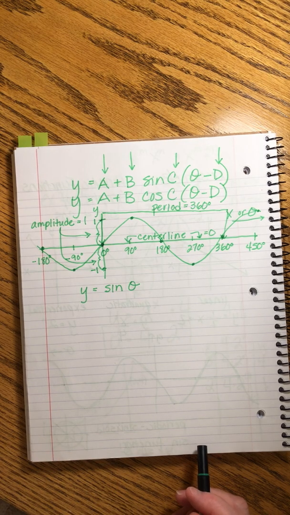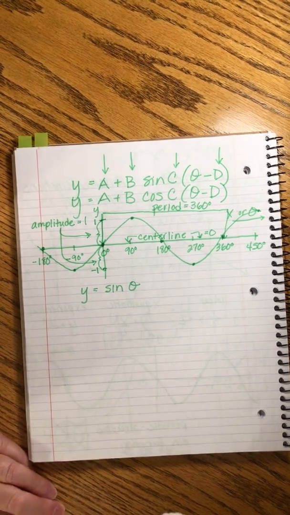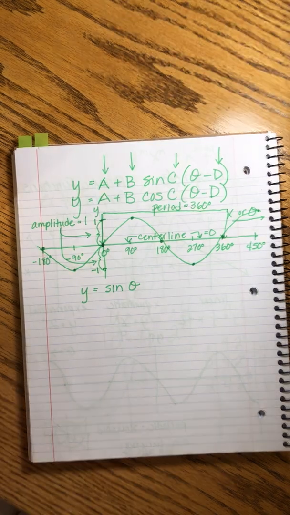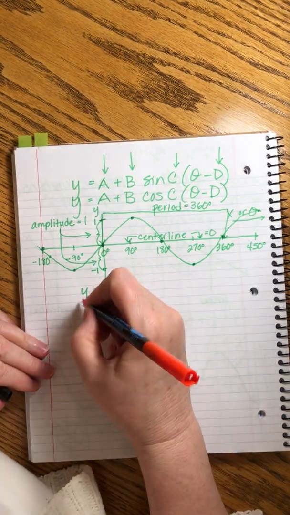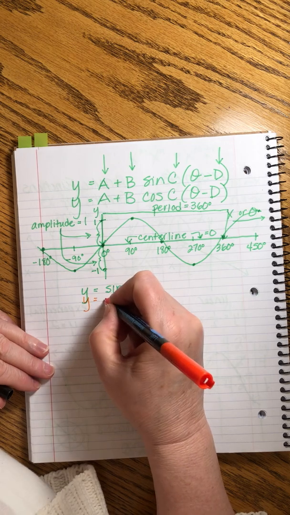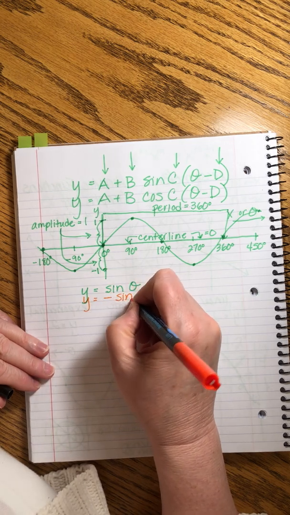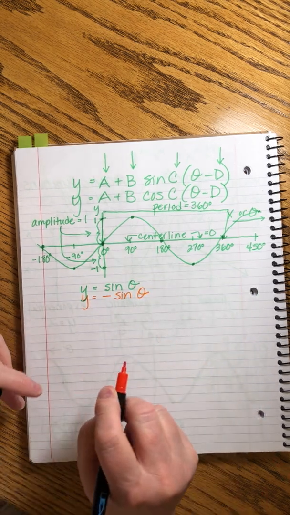So that is, I'm just trying to think if there's anything else I want to show you now. I want to show you one other thing with a different color. We can also get fancy and say, what if we wanted the negative sine curve?